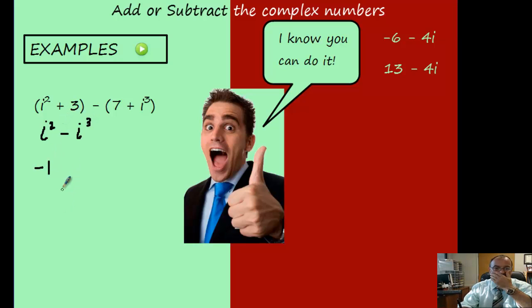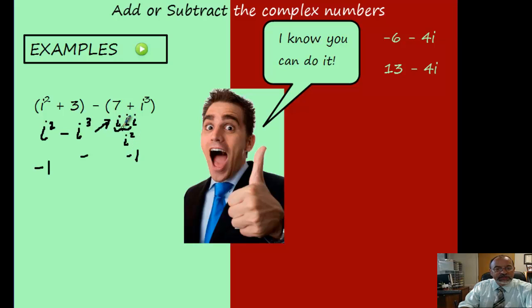Okay, now I have negative i cubed, and again what I need to remember here is some previous algebra skills, meaning i cubed is actually i times i times i. And we also know that 2 i's together is i squared. And what do we know that i squared is? i squared is negative 1.